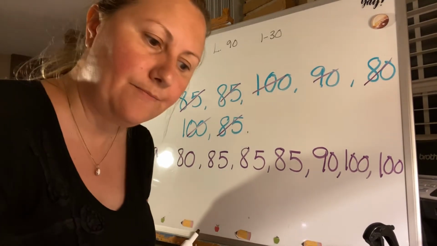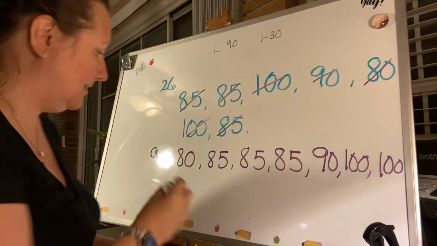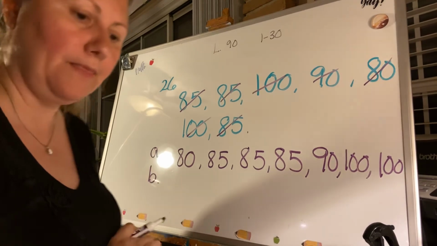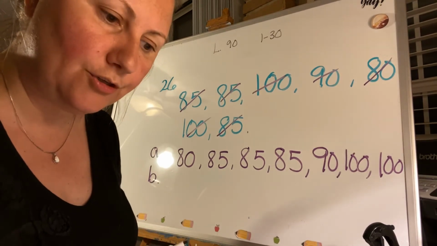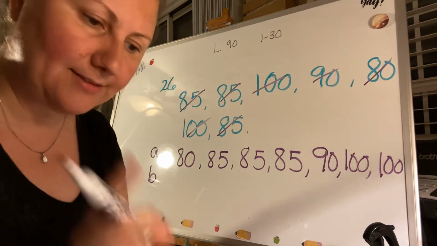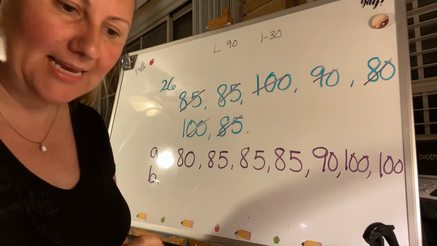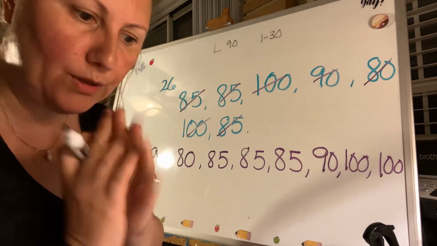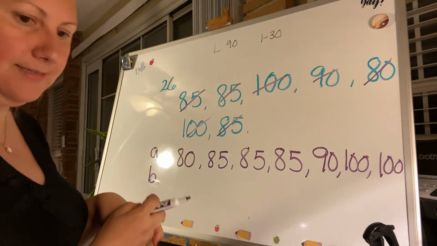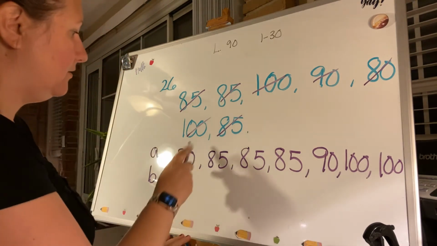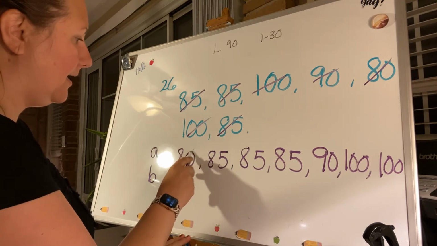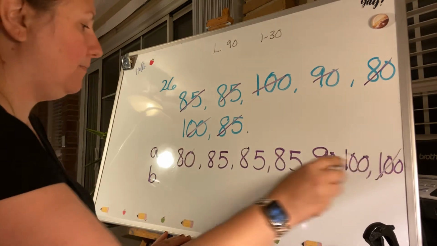And there they are. Next it says in letter B, in your answer to part A, which score is the median, remember that means middle, score in the list? Okay, so that means we're going to go in from both ends.